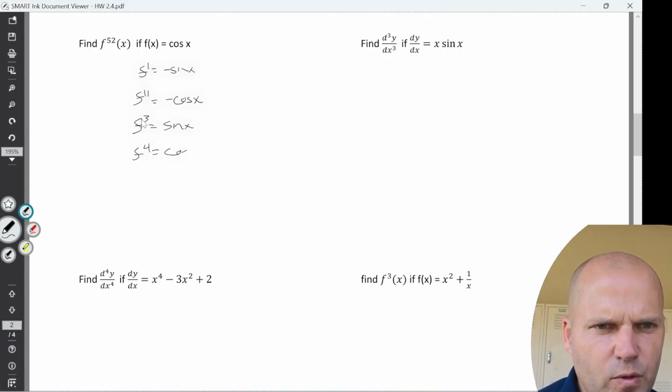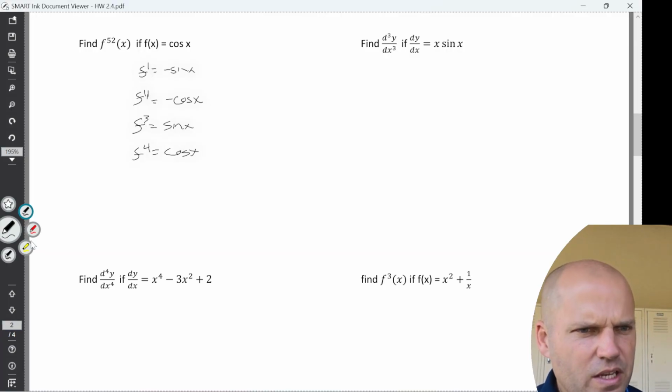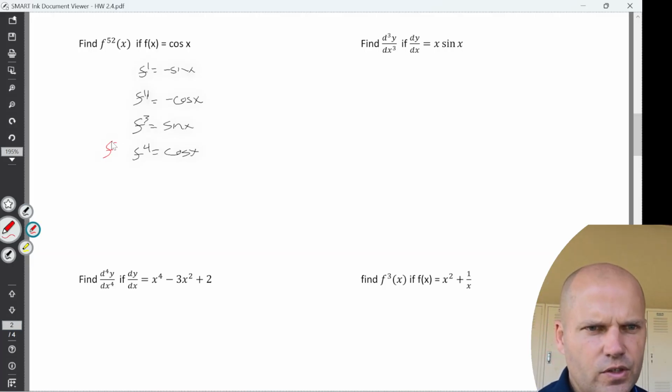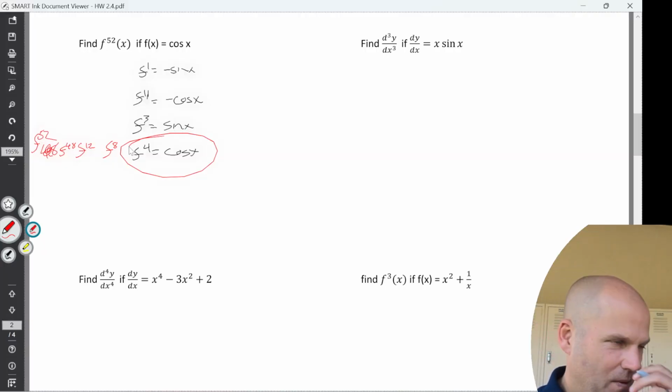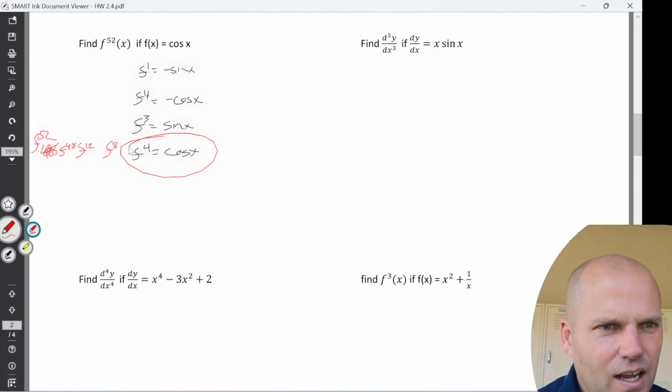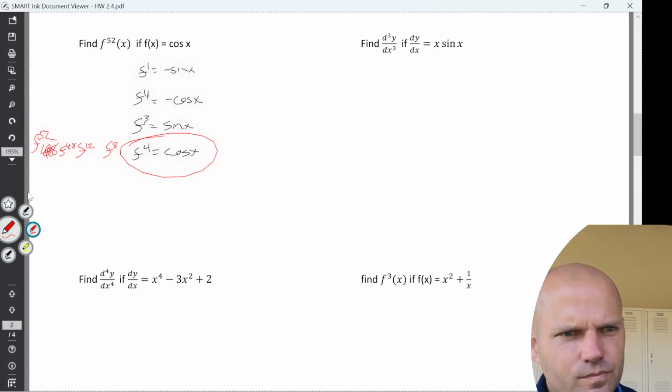Every fourth derivative, we're back to cosine, which means the 8th derivative is cosine. The 12th derivative is cosine. The 48th derivative is cosine. The 52nd derivative is cosine. Cool.